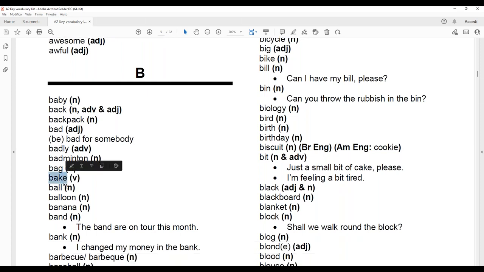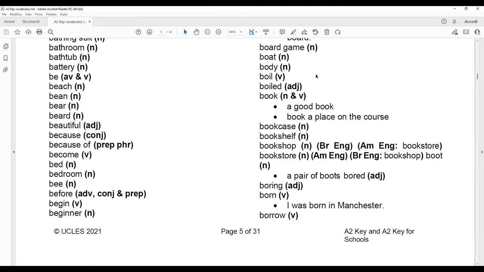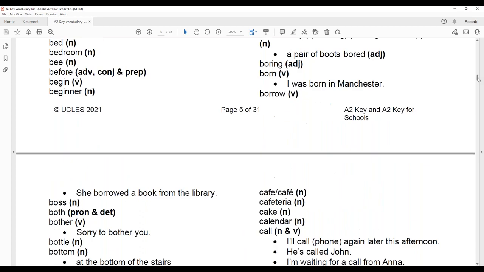bake, infornare, bake, o bakery, il panificio, bakery, bowl, balloon, banana, blackboard, ok, blanket, coperta, boil, ok, boil, bollire, book, bookcase, beautiful. I think that we looked at some of these words already last time.